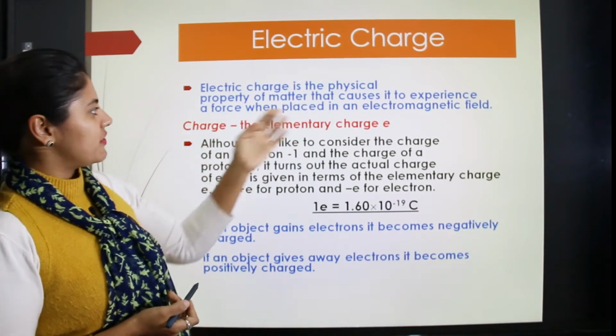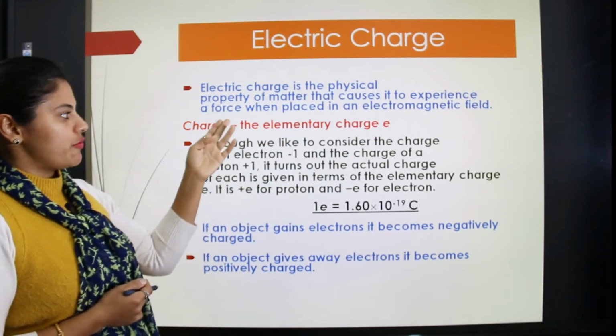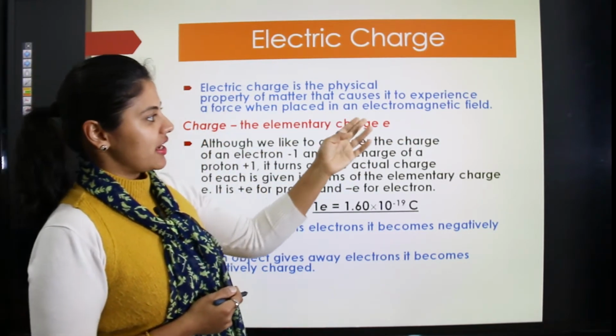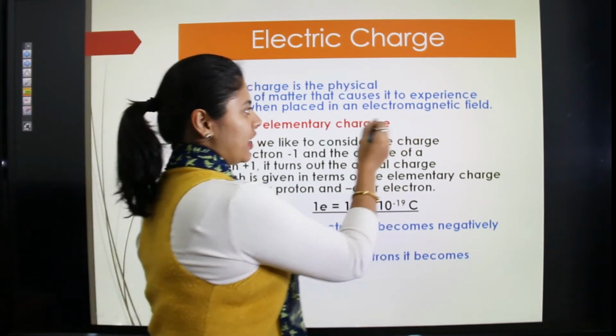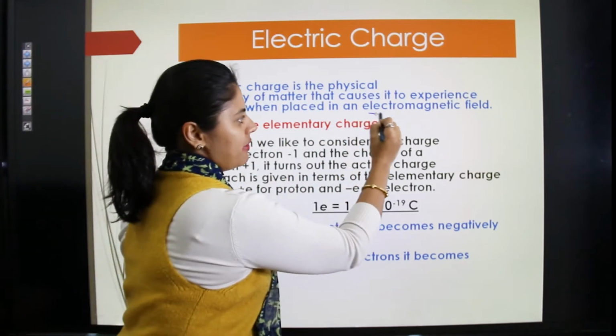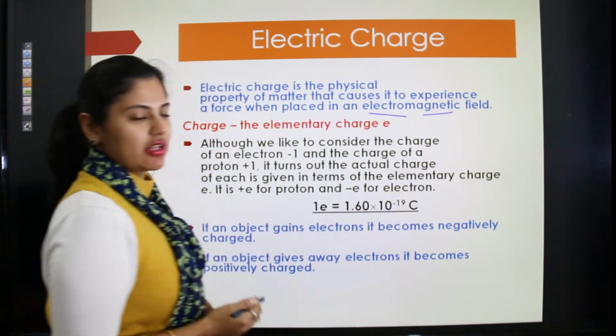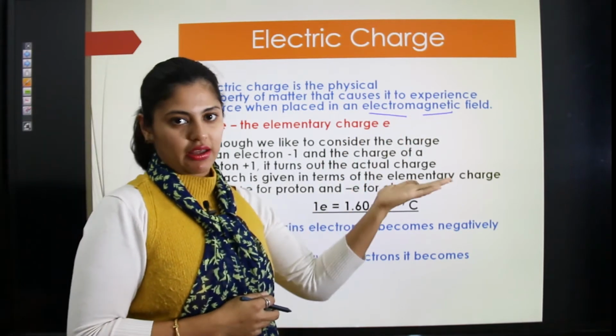Electric charge is the physical property of matter that causes it to experience a force when placed in an electromagnetic field. From the word electromagnetic, you can easily see that electromagnetic means electric and magnetic field. From the word electro, it's electric, and from the word magnetic, it's the magnetic field.